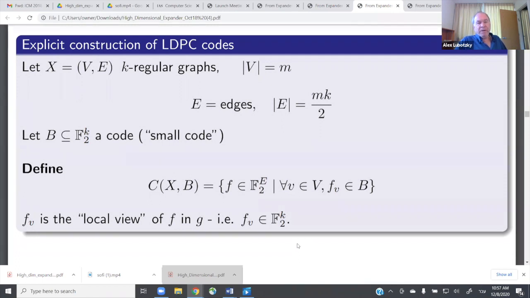Tanner already used expanders to construct explicit codes. They did much more, Sipser and Spielman, and also Spielman in his work on linear time encoding and decoding. Tanner in 1980 had explicit constructions.